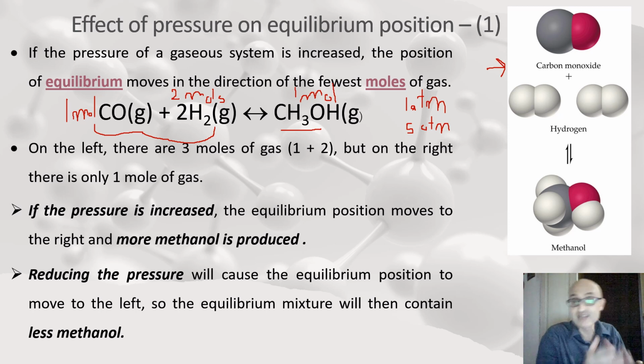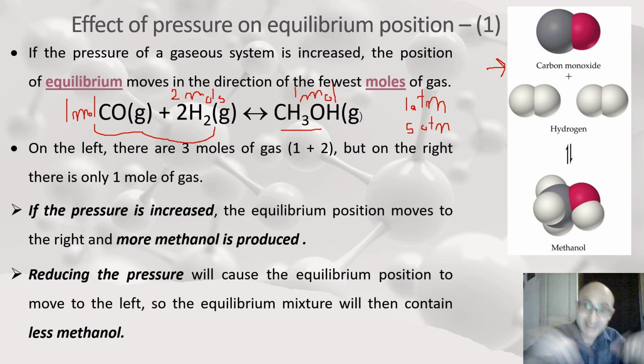mole. And having 1 mole of gaseous particles will mean that you have fewer collisions, and fewer collisions per second means lower pressure. You have fewer collisions between the particles themselves and between the particles and the walls of the container.